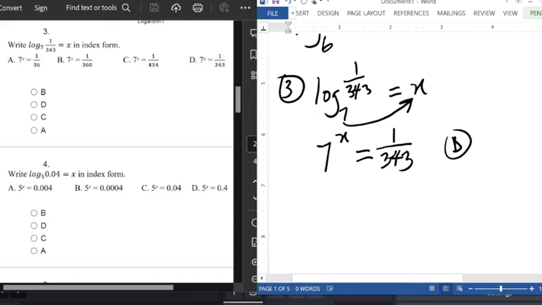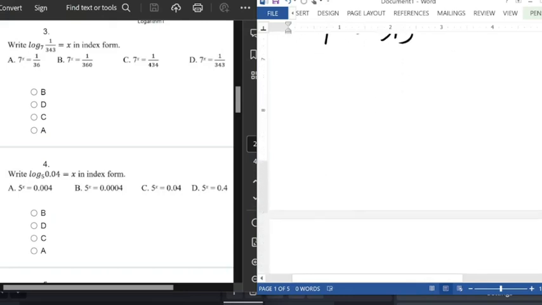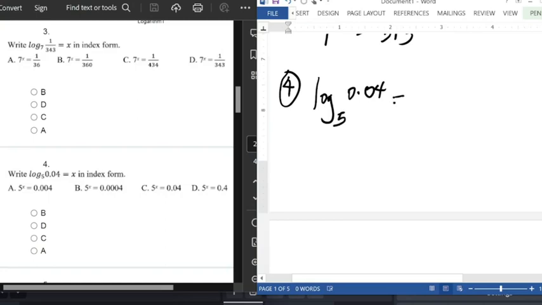So then for question number 4, we have to write this log in index form. We have log 0.04 base 5 equals x in index form. The same thing, this 5 will go and carry this one.